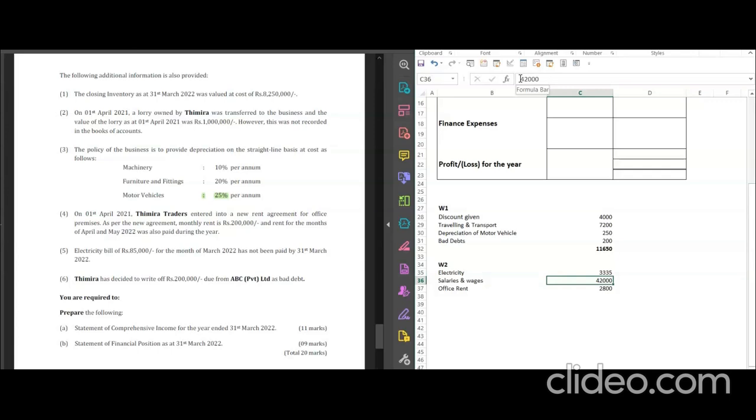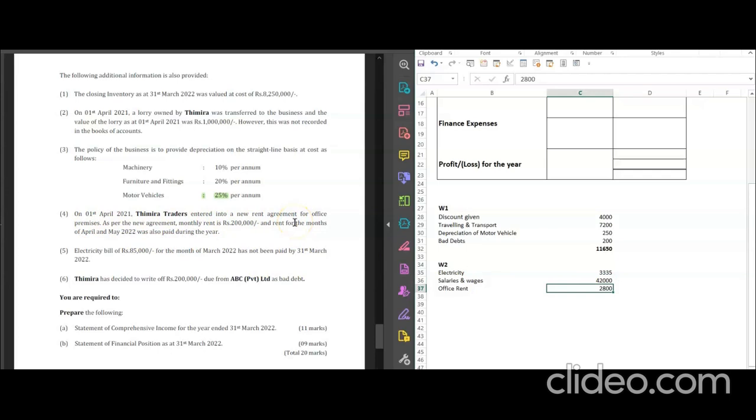Then if you take salaries and wages, are there any additional points for that? No, there are no additional points for that, so just leave it. Then come to the office rent part. They are telling that on 1st April 2021, Timira Traders entered into a new rent agreement for office premises.